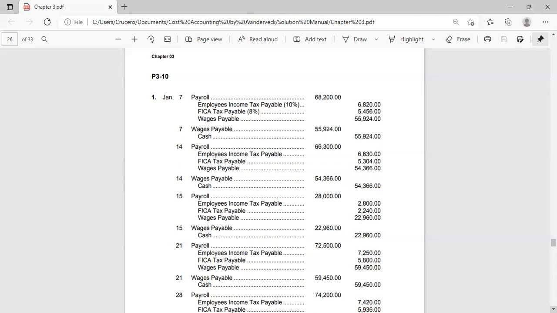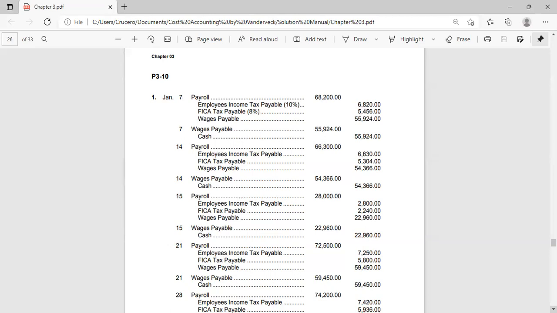Then on January 15, we again recorded administrative salaries and sales salaries, less deductions. So on January 15, debit payroll for 28,000, credit employees' income tax payable, FICA tax payable, and wages payable.